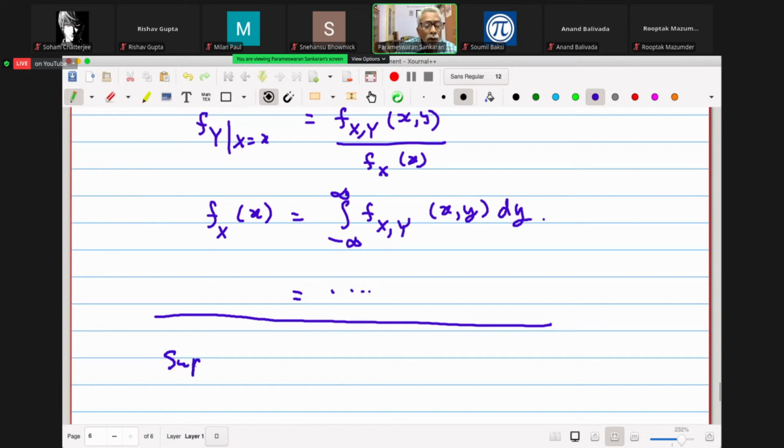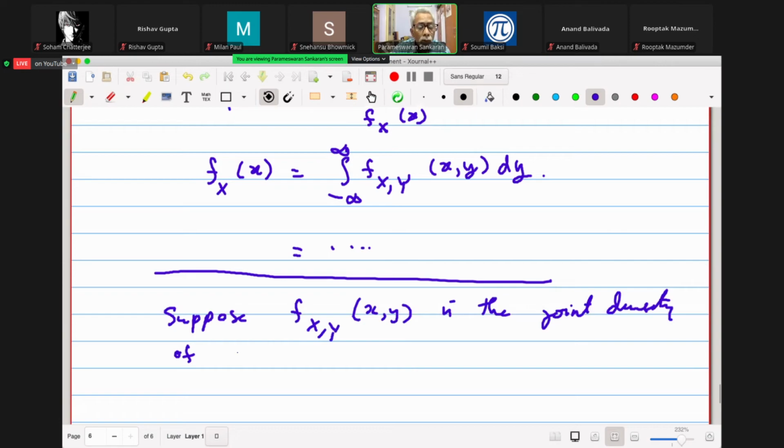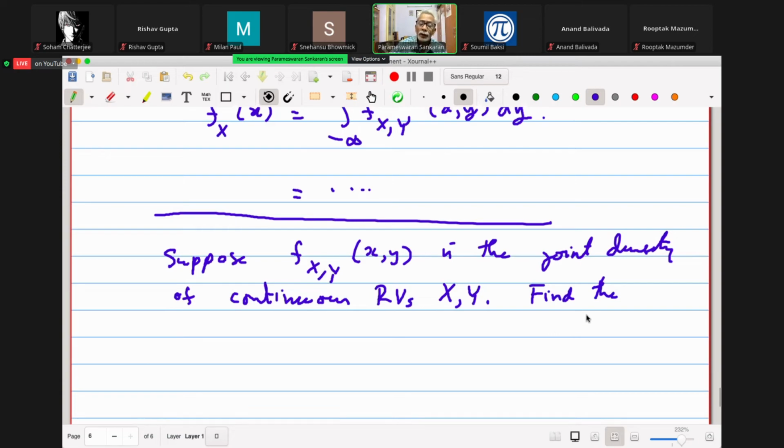So suppose that f_XY(x, y) is the joint density of continuous random variables X, Y. Actually, the answer is given, and in fact, it's worked out in the book, but it doesn't matter.